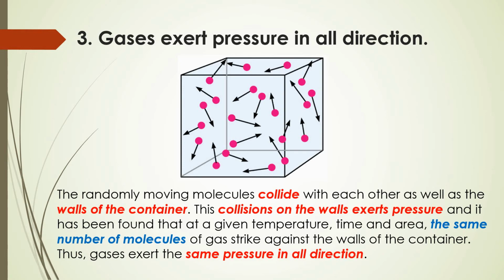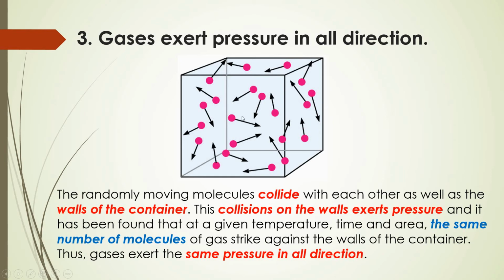And it has been found that at a given temperature, time and area, the same number of gas molecules strike against the wall of the container. Thus, gases exert the same pressure in all directions. It doesn't happen that the number of molecules colliding on this side of the wall is more than on this wall.